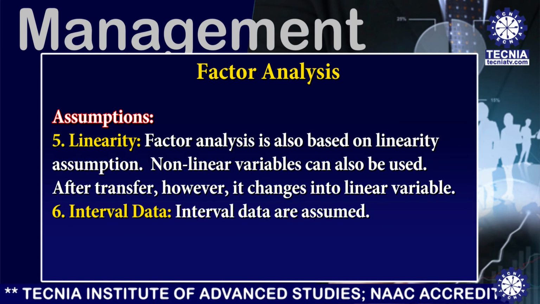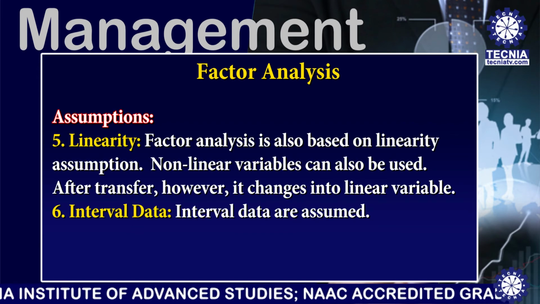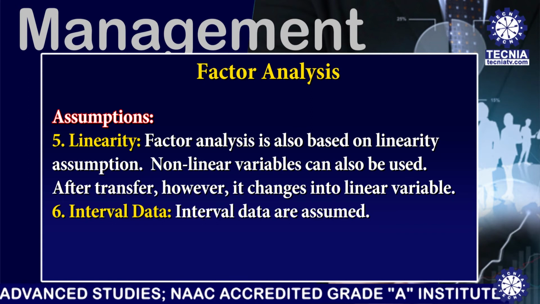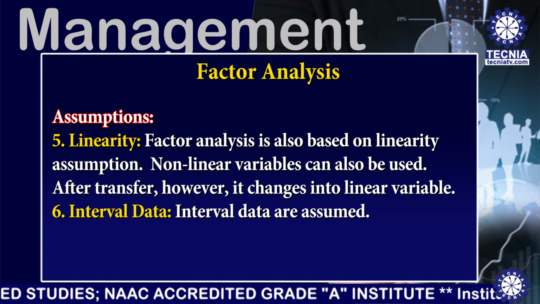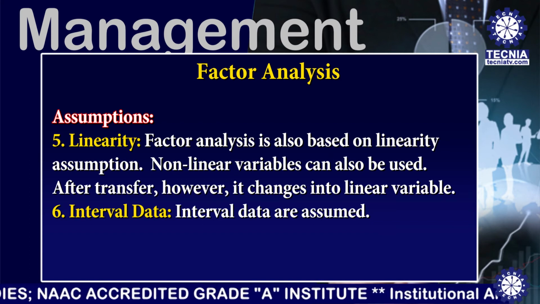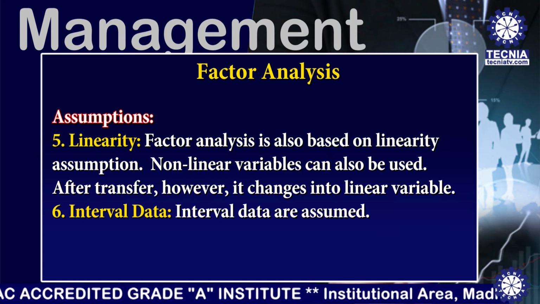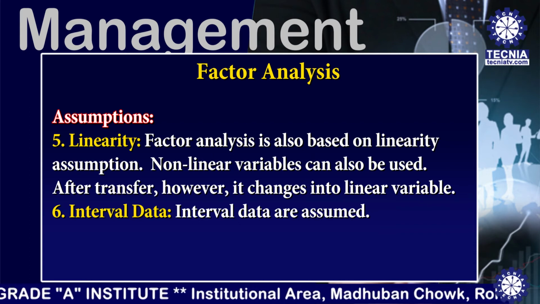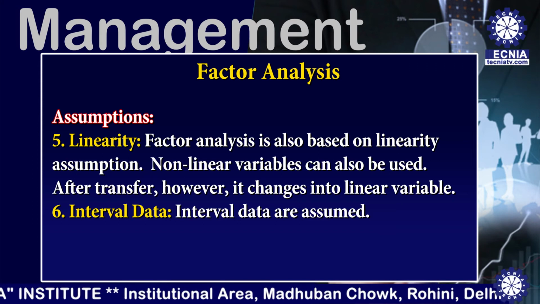Fifth one is linearity. Factor analysis is also based on the linearity assumption. Non-linear variables can also be used after transformation, whereby they change into linear variables. Sixth one, which is interval data.